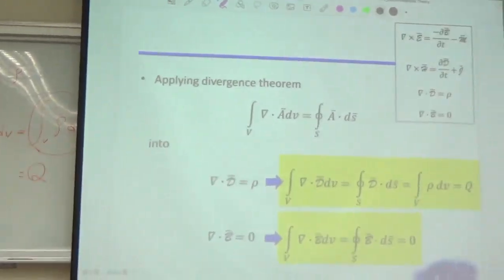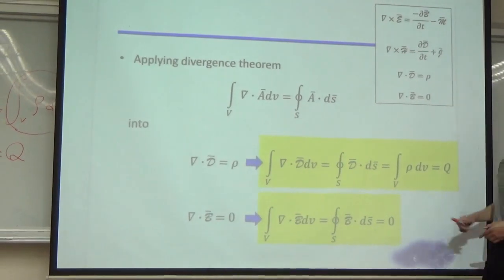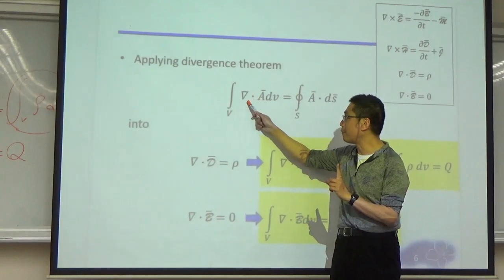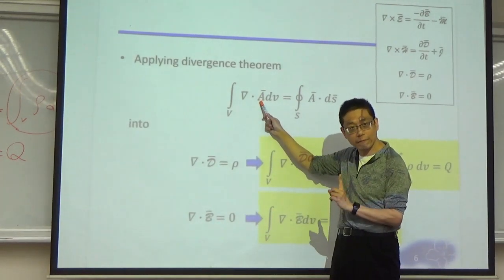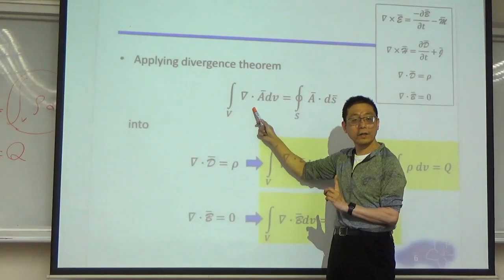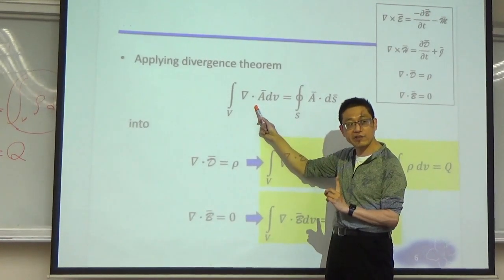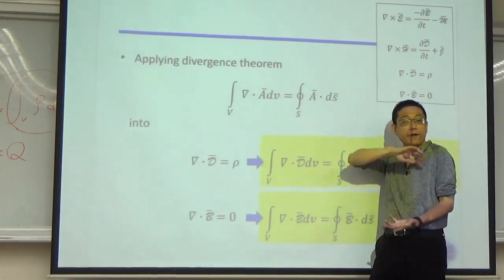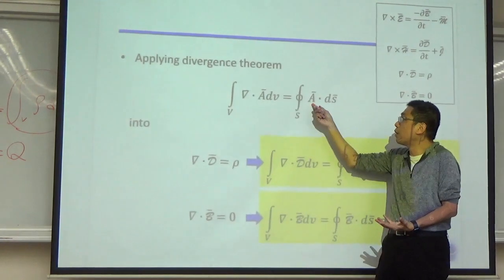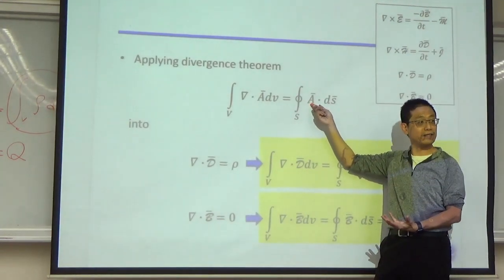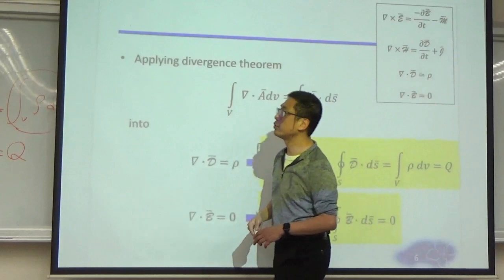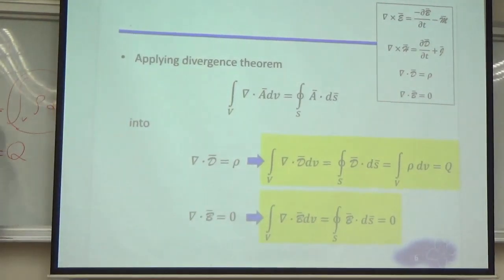There is a theory: if you have a vector, you take the divergence, then you take the volume integration, this result can directly change to a simple form. You just take the surface integration of your original vector. That's it. Okay? Use this relationship on your left part.